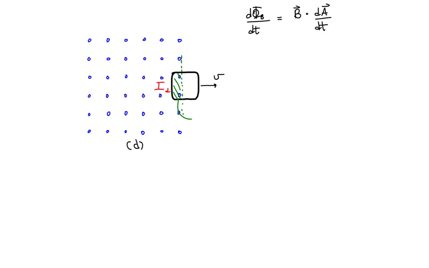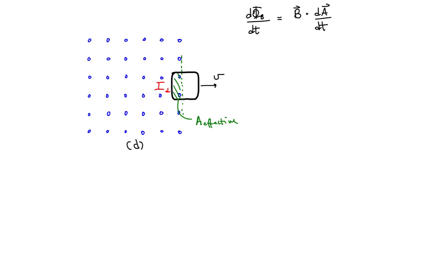So if this is our effective area, notice how the magnetic flux is decreasing. What that means is, as the loop is leaving the field, fewer and fewer magnetic field lines are passing through the loop. The universe does not want this change.